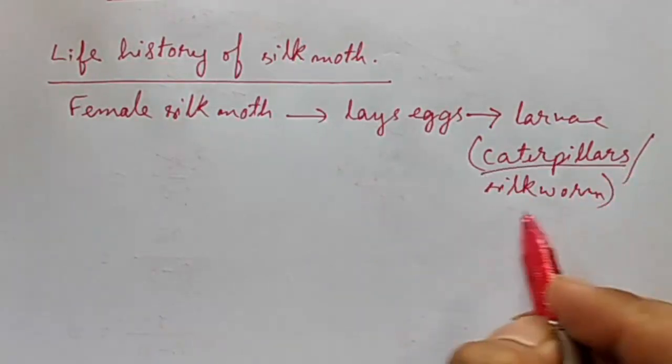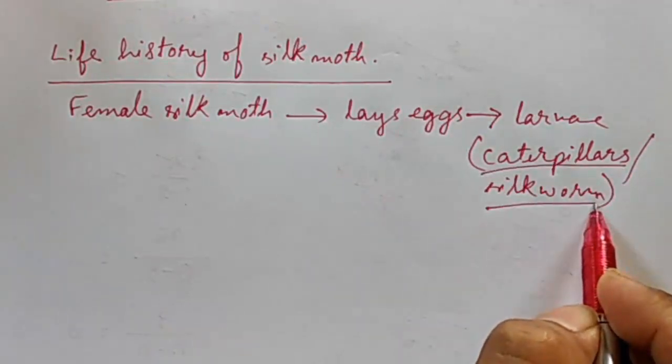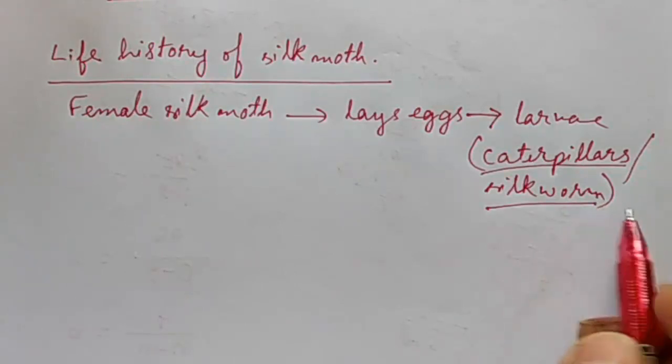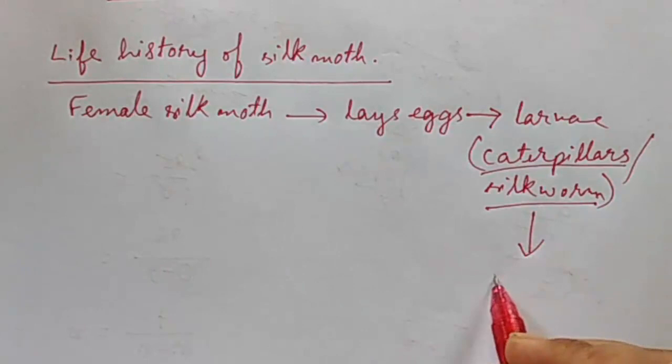These caterpillars will grow in size, and when the caterpillar is ready to enter the next stage of its life history, it is called pupa.